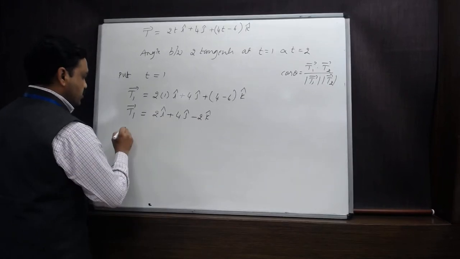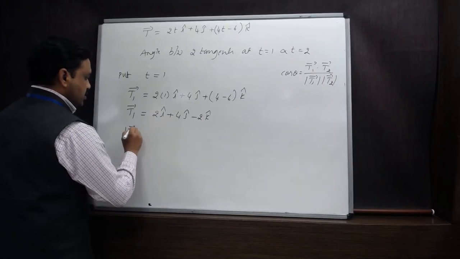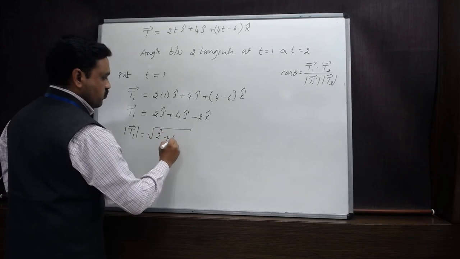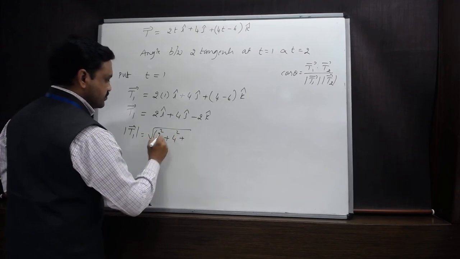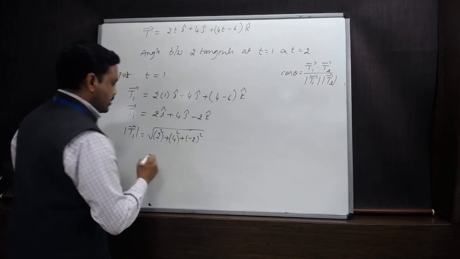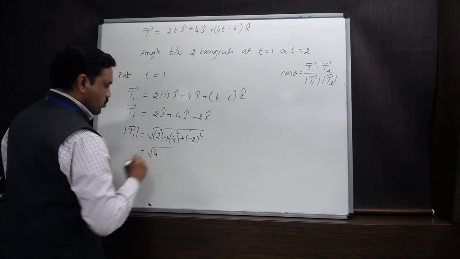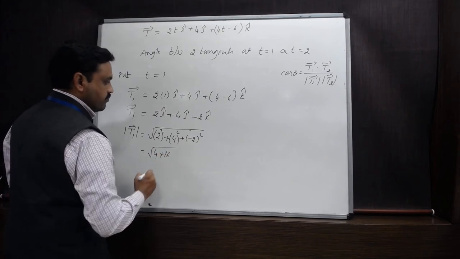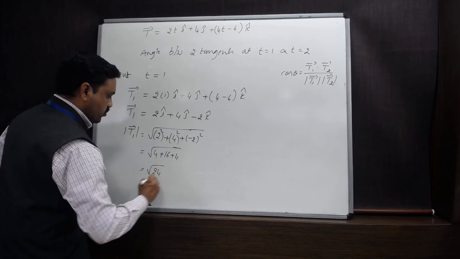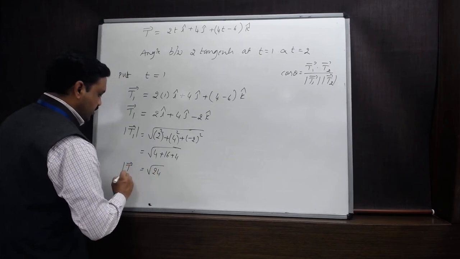This is T1. Therefore, the magnitude of T1 is equal to square root of 2 square plus 4 square plus minus 2 whole square. So that becomes 4 plus 16 plus 4, so square root of 24, the magnitude of T1.